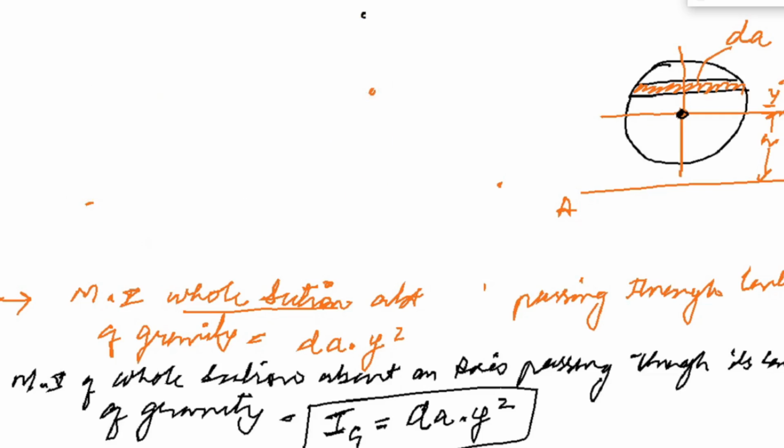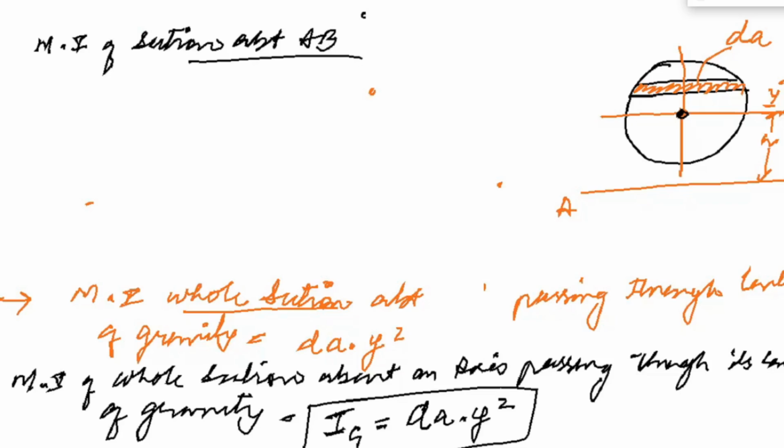Okay, now therefore what we need here is moment of inertia of section about AB, right? We are desired to get moment of inertia of the section about the axis, which is the line AB.